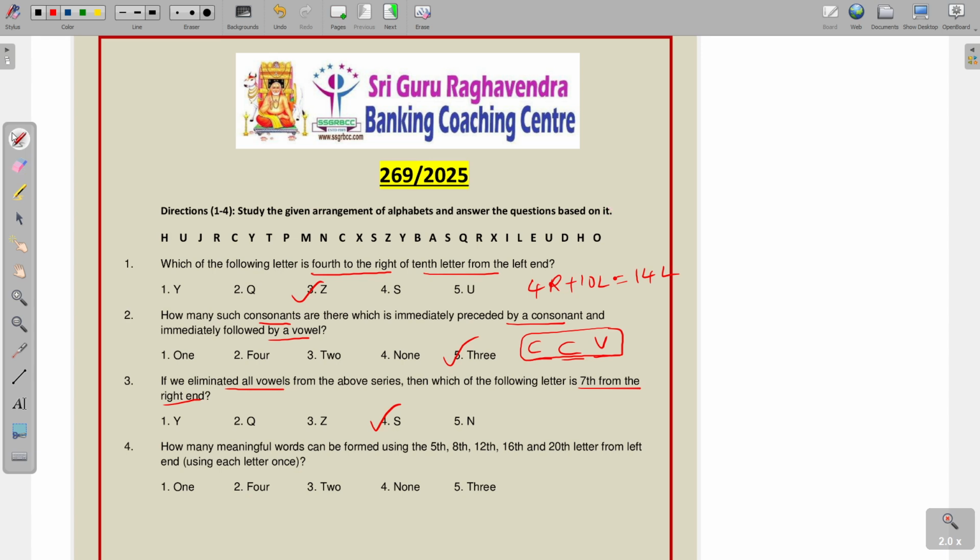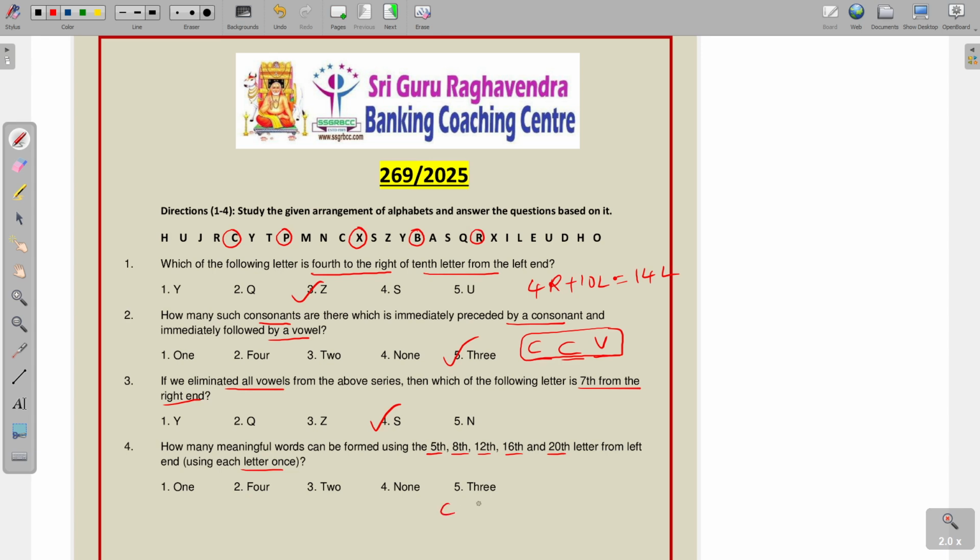And next question, how many meaningful words can be formed by using the 5th, 8th, 12th, 16th and 28th letters from the left hand, using each letter once? So, from the left hand, C is the 5th one, 6, 7, 8 and 9, 10, 11, 12, X is the 12th one, 13, 14, 15 and 16, B is the 16th one and R is the 28th one.